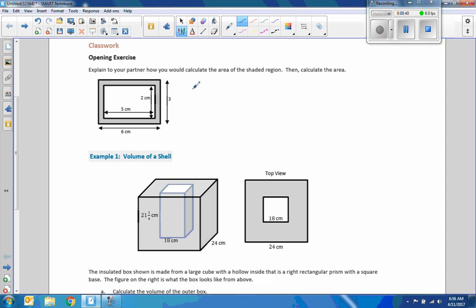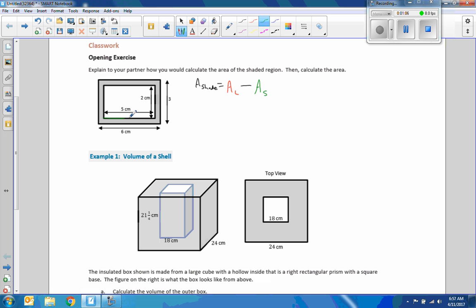First thing I do is write the formula. The area of the shaded region, S-H-A-D, equals the area of the large rectangle minus the area of the small rectangle.